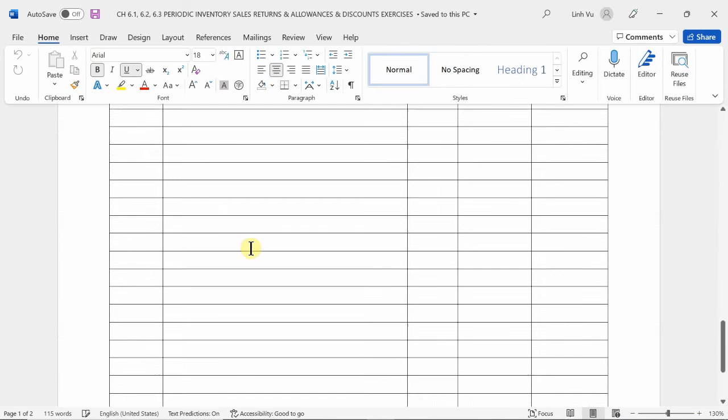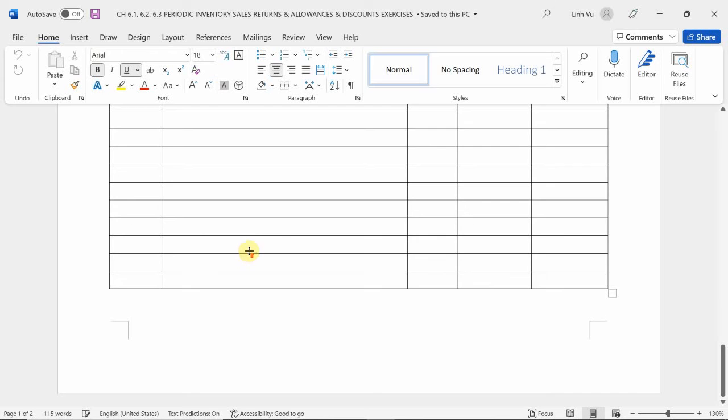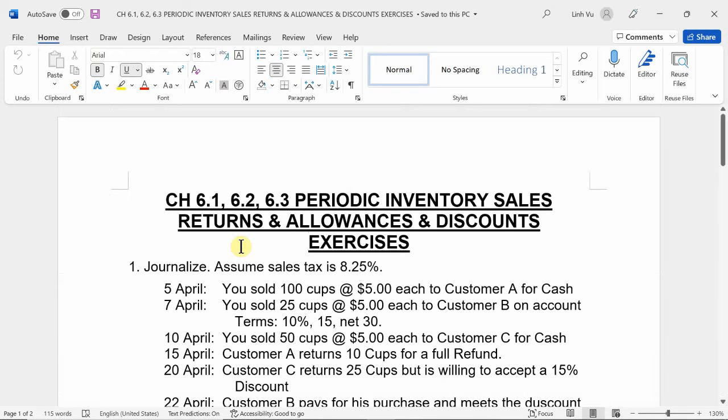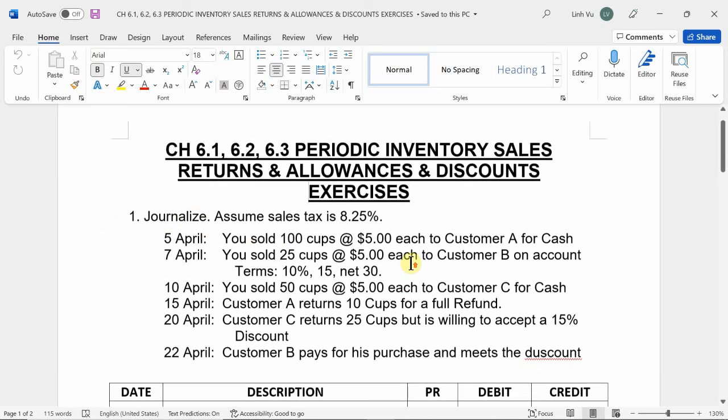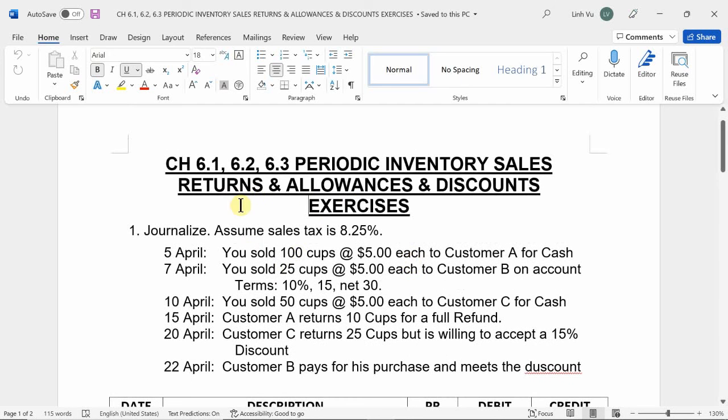Let's go ahead and take the time to practice this. Okay. So, chapter 6.1 all the way to 6.3, periodic sales, returns, and discounts. So, let's talk about the very first one. On April 5th, number one, journalize. Assume that sales tax is 8.25%.